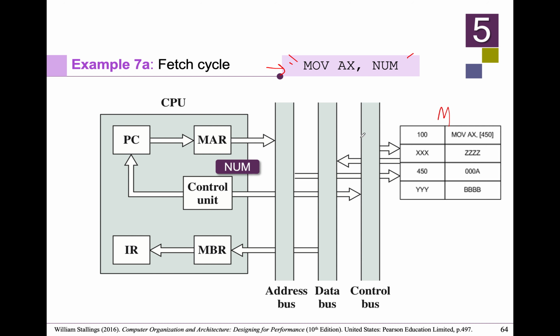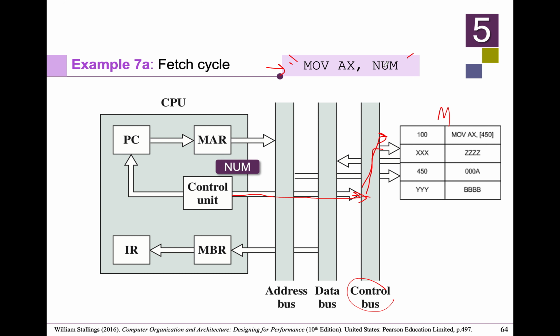Okay. First of all, your control unit will go to find the initial value using your control bus. And you can see over here, it's going to find the first value, starting with 100.